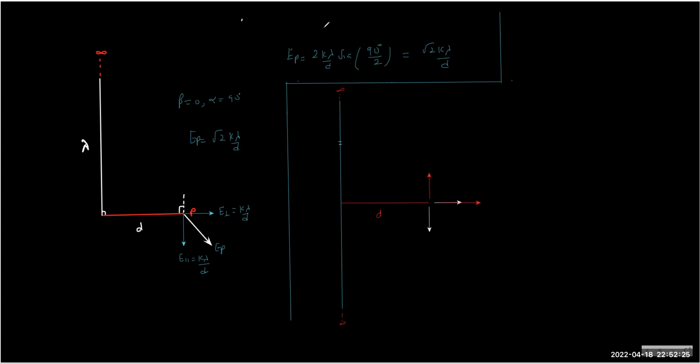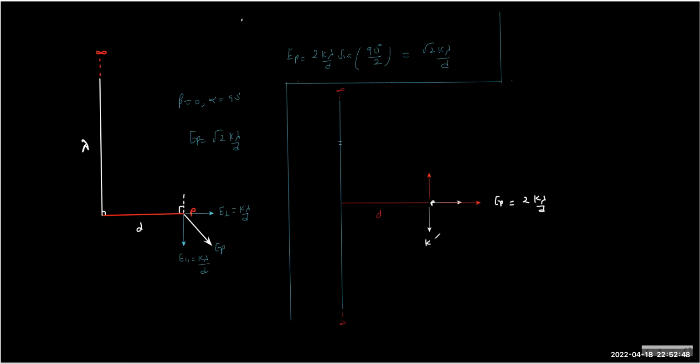And therefore you can see clearly the up and down will cancel out, and the right will become twice. So the net value at point P is again two times the single arrow, and every arrow represents k lambda by d.